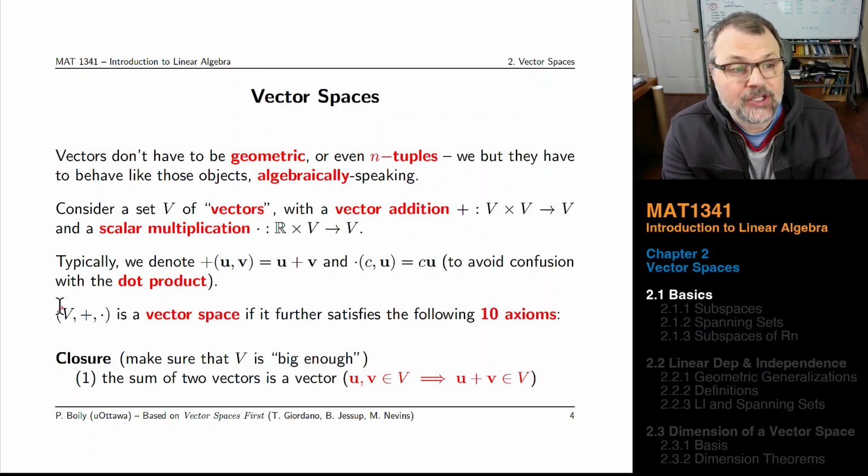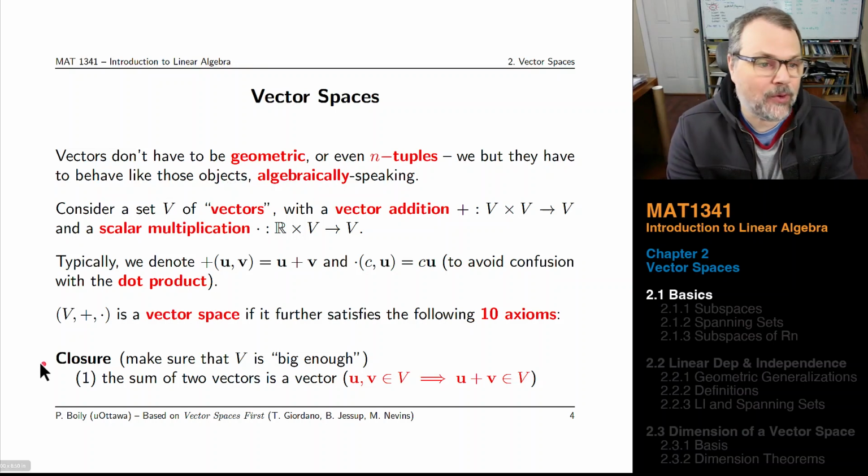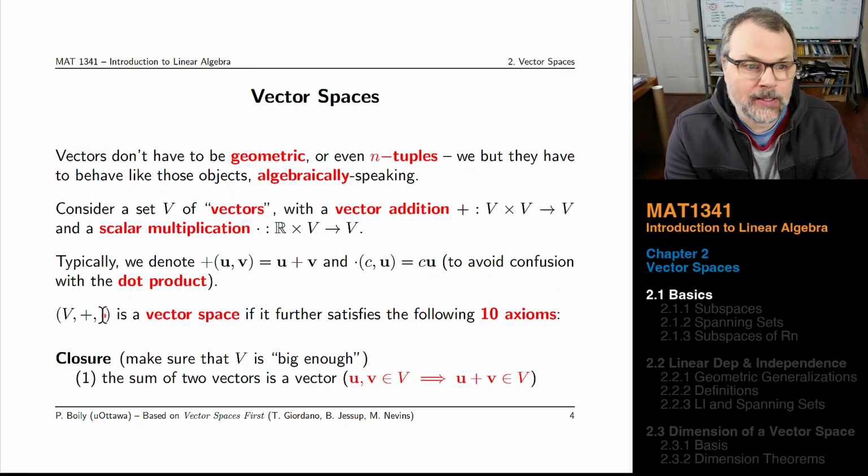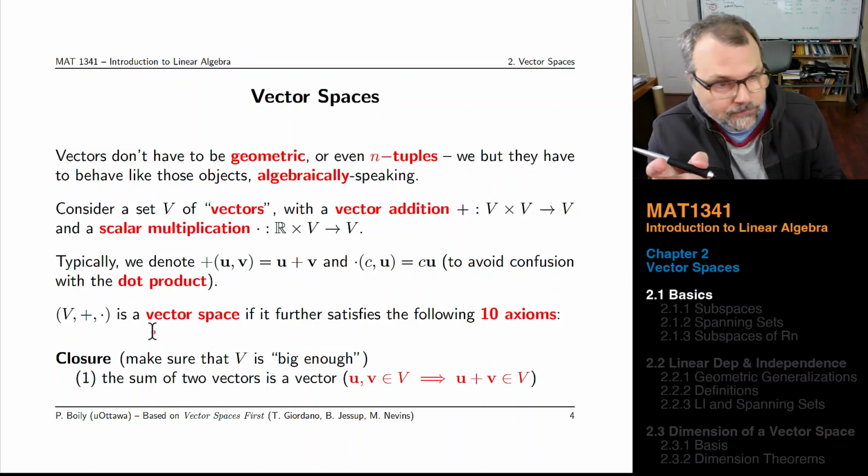The combination of the set of vectors, whatever these might be, together with the sum and the scalar multiplication, we call a vector space as long as it satisfies 10 axioms. The first one is an axiom of closure.